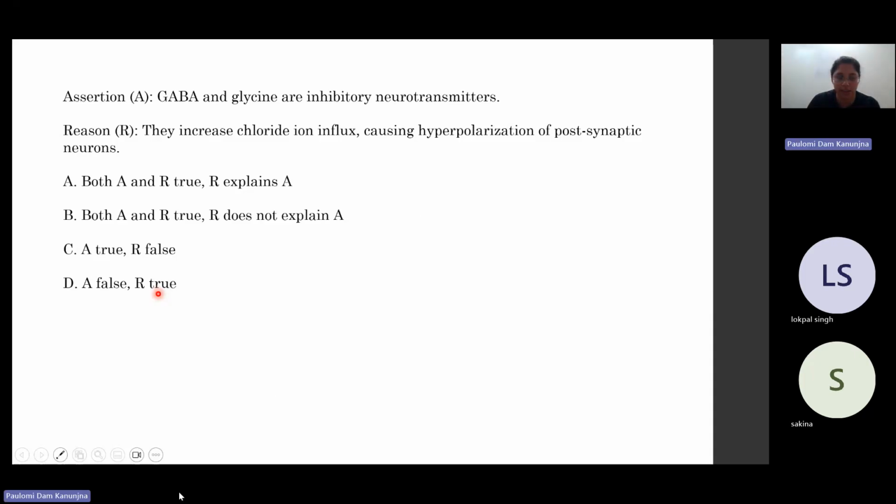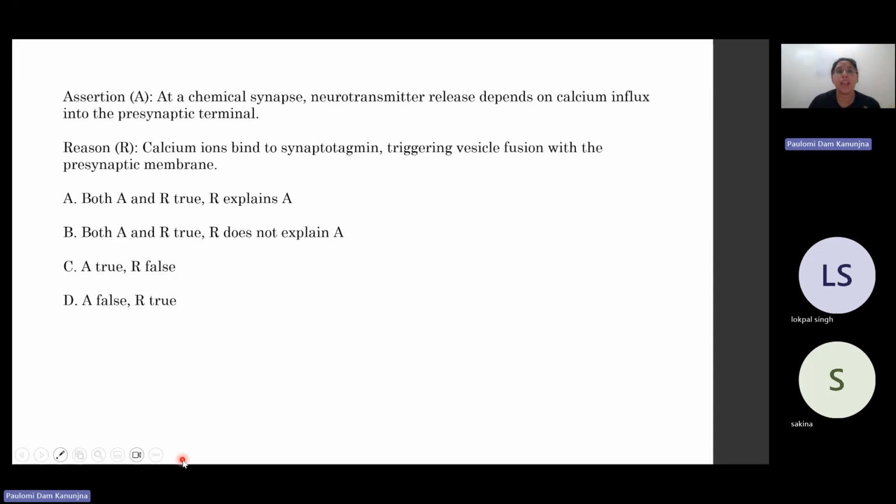Yeah, great. Okay, we know this already. Okay, now at a chemical synapse, neurotransmitter release depends on calcium influx at the presynaptic terminal. These calcium ions bind to synaptotagmin, triggering vesicle fusion with the presynaptic membrane. So the mechanism is what we were missing. This question is for that part.